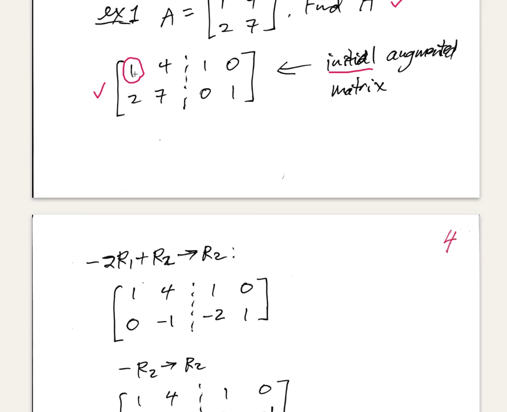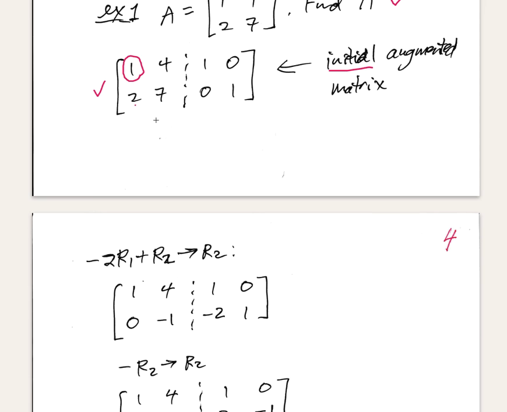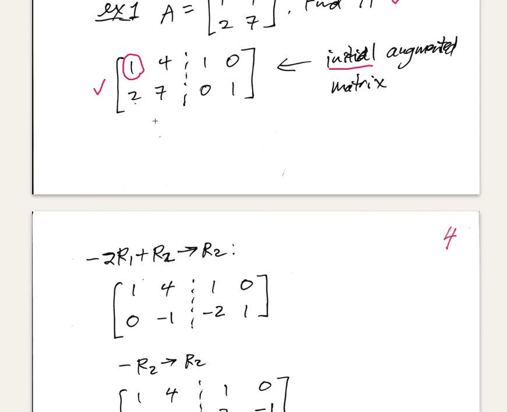I've got a 1, that's just what I want where I want it. So that's perfect, that 1 there. I don't like that 2 there. I want that to be a 0. How do I do that using legal moves? Remember the legal moves? You can divide or multiply a row by a non-zero constant. You can interchange or switch rows. Or, most importantly, add a multiple of one row to another row.